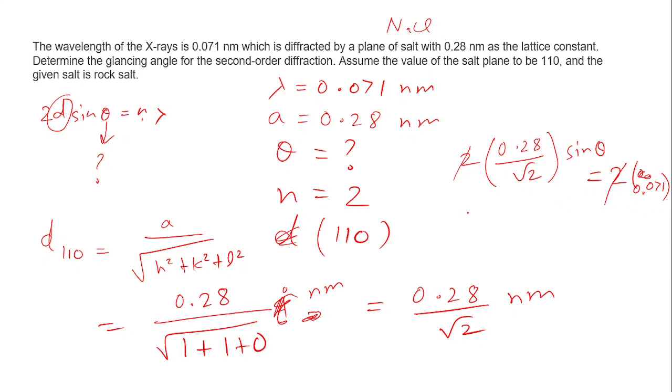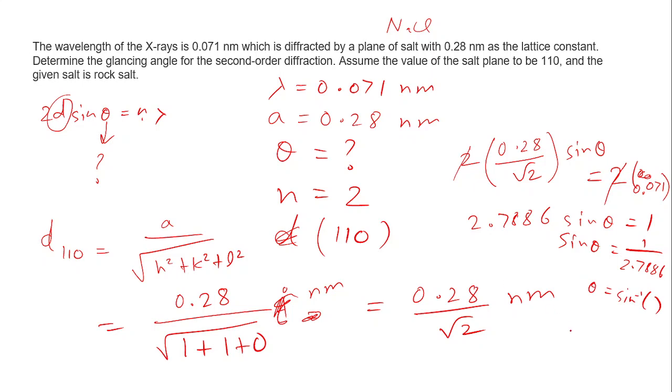When I multiply this, 0.28 divided by root 2 and divided by 0.071, we get 2.7886. Sine theta will be 1 over 2.7886, and theta will be sine inverse of this.